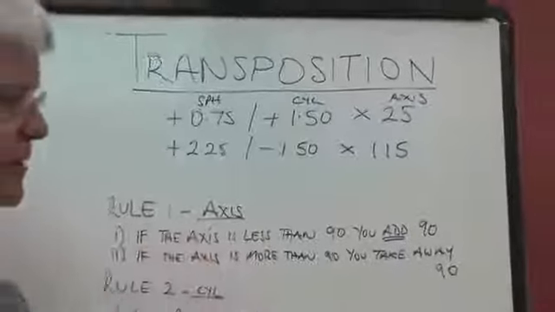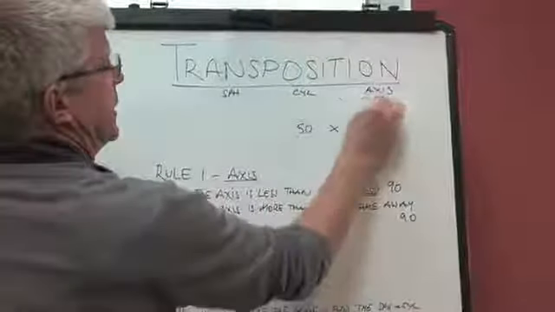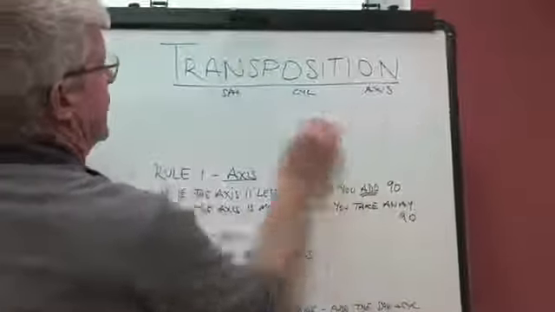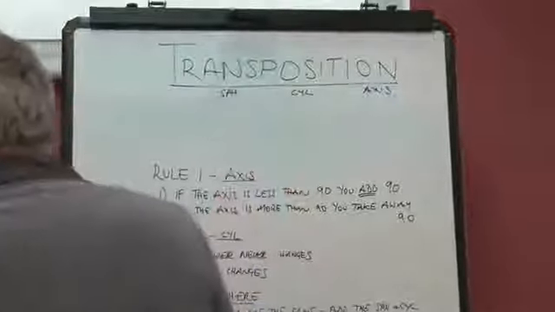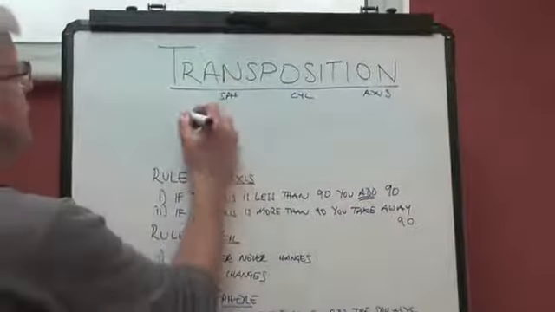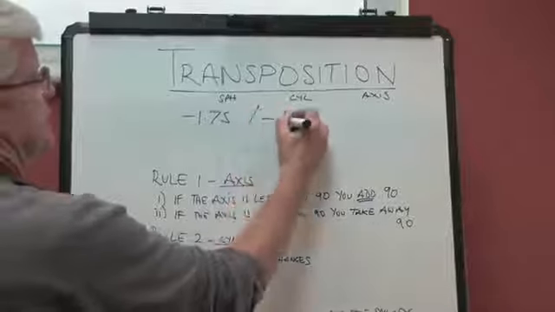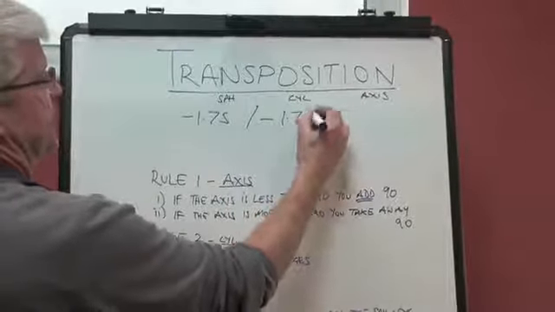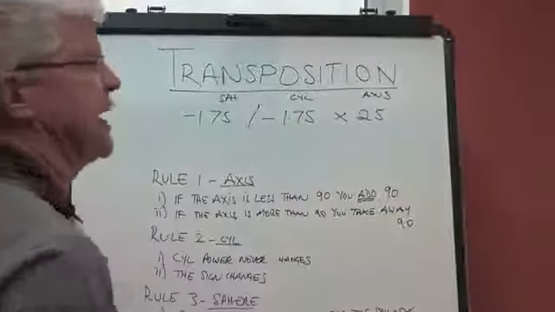And we'll do a couple of other examples. Let's just do a couple of minus powers, and then we'll use the rule to show how it works all the time. So let's say we've got a minus 1.75, minus 1.75, axis 25, and we want to transpose that.